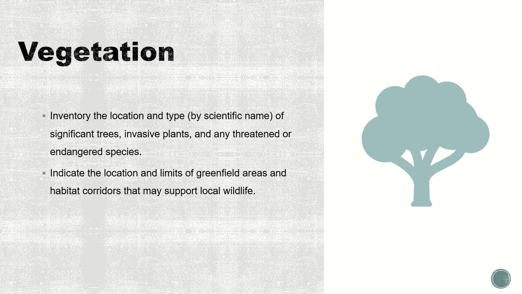Next one will be vegetation. To do this, we need to inventory the location and type of significant trees, invasive plants, and any threatened or endangered species. Also, to indicate the location and limits of greenfield areas and habitat corridors that may support local wildlife.